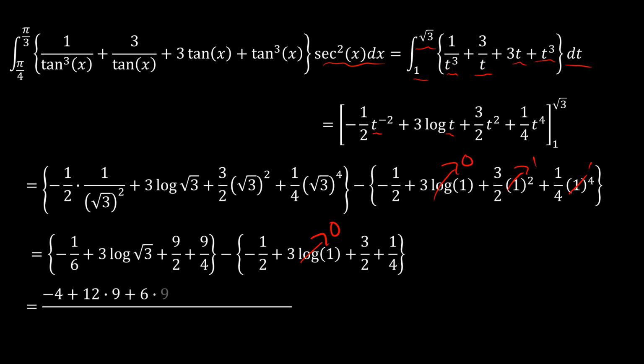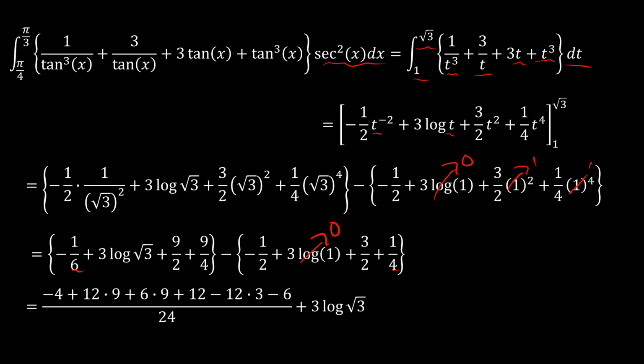And so taking the product of 6 and 4 as a common denominator, 24. 24 divided by 6 is 4 times 1 is negative 4. And then here we have 24 divided by 2 is 12 times 9. 24 divided by 4 is 6 times 9.